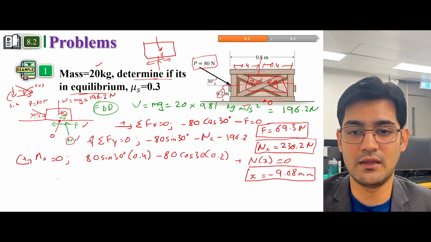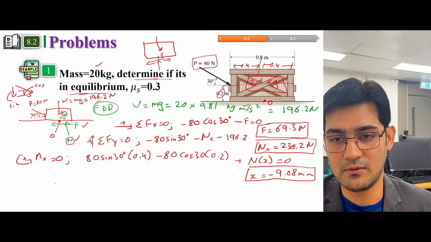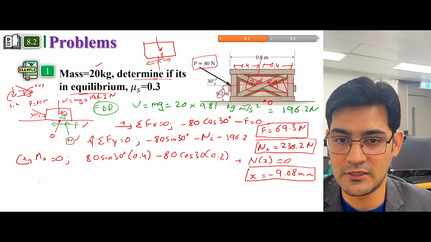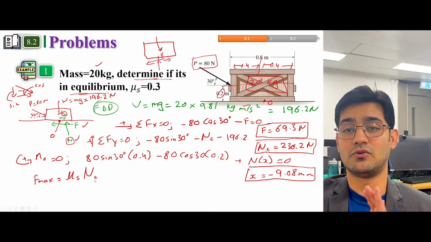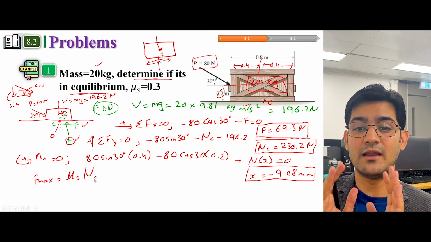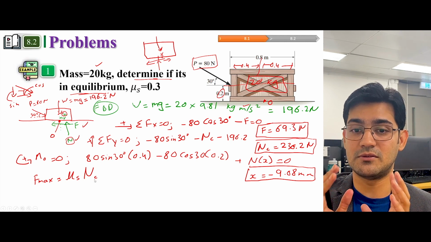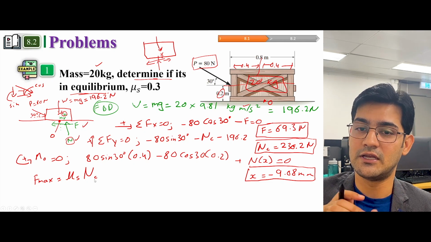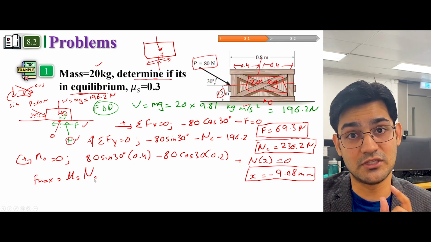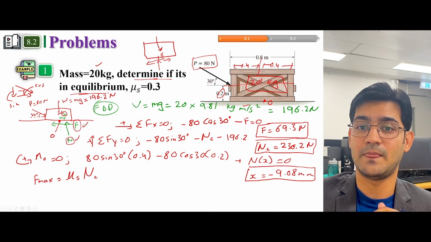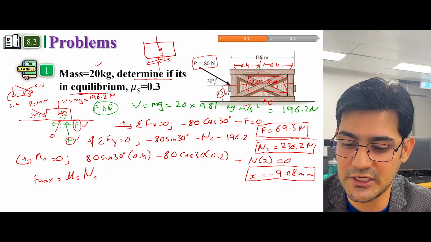For that we can use the equation F max is equal to mu s N_C. So this is the maximum force which can be resisted by this system. If you apply a force more than this, then the rigid body will start moving. So if our required resistance is greater than this maximum force, then the system is not in equilibrium. So let's check this.